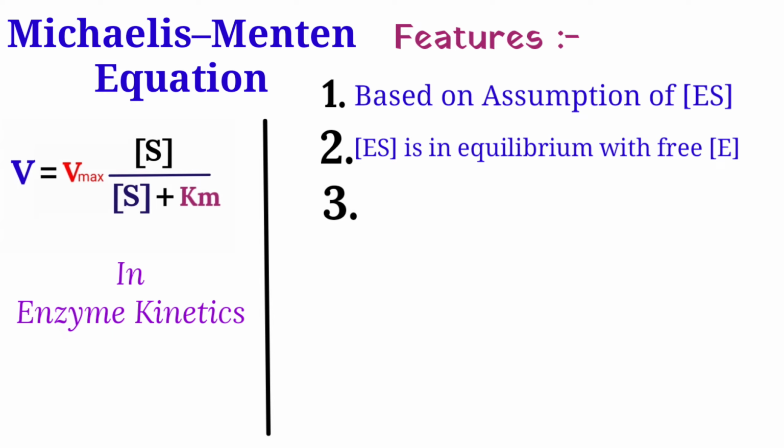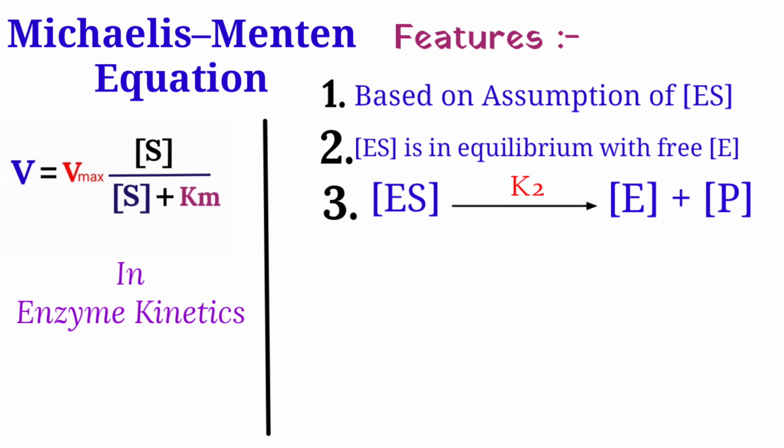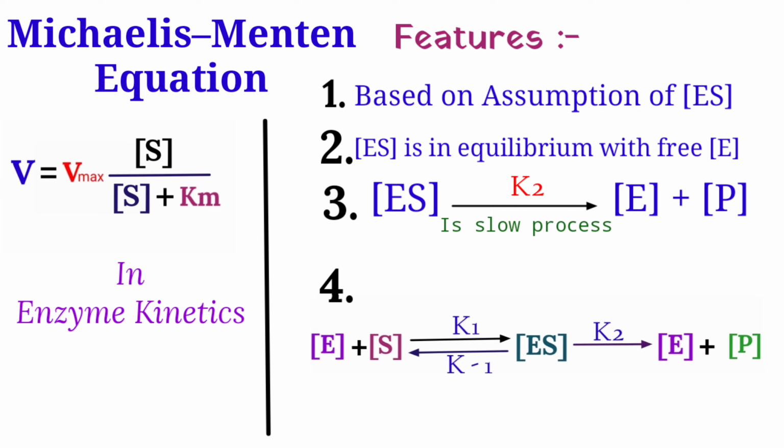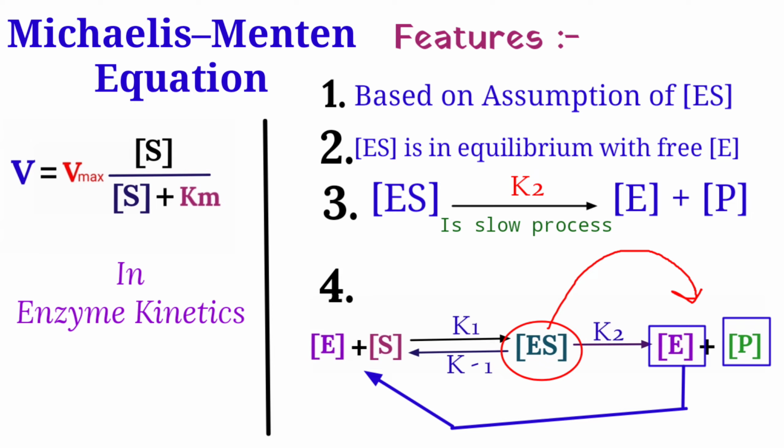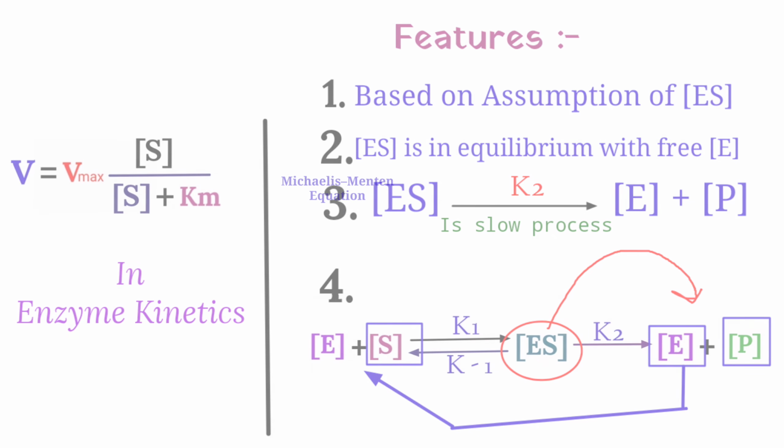The third assumption is that the breakdown of enzyme substrate to the product is a slow process. The fourth assumption is that the enzyme substrate complex will result in the formation of free enzyme and free product, and that free enzyme will again go back to catalyze another substrate.